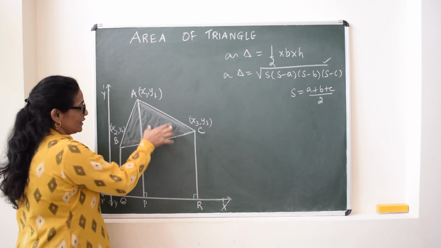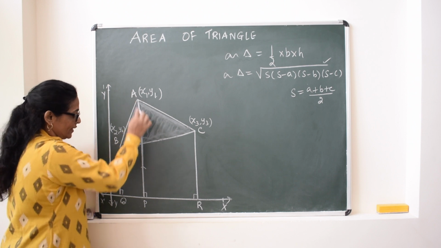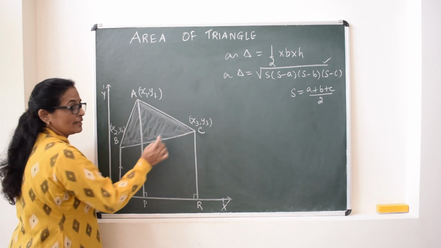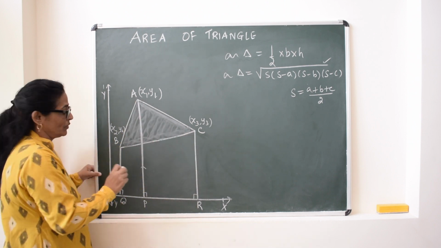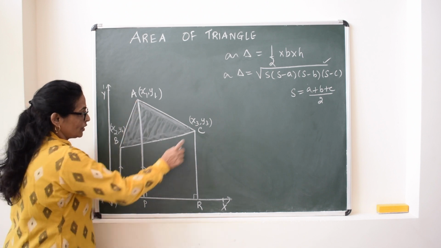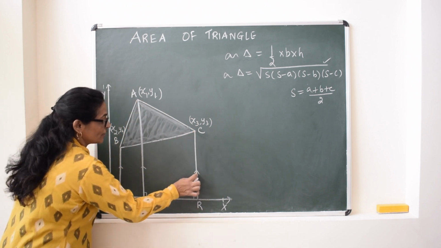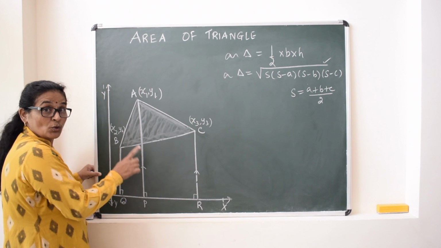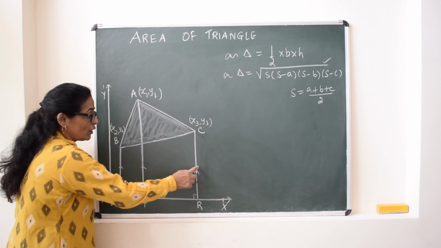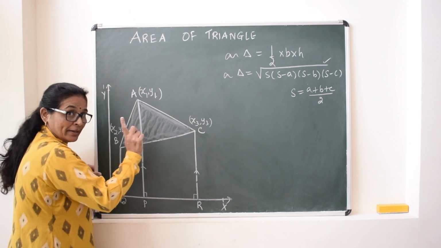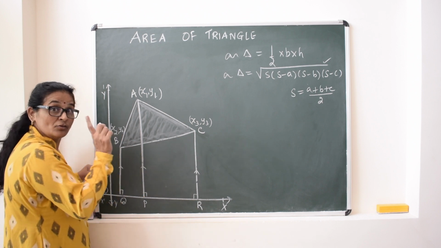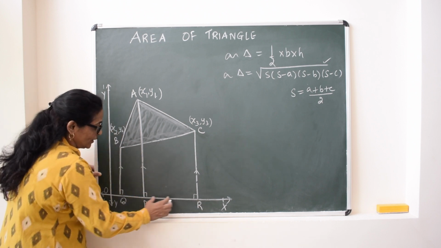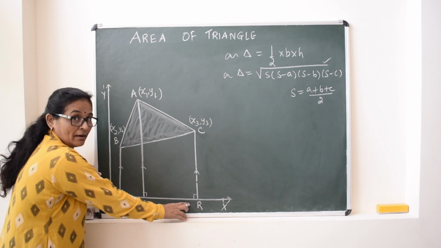Similarly, in this case, just see this figure APRC, that also is a trapezium because AP is perpendicular, CR is perpendicular, so these two lines are also parallel. A quadrilateral whose one pair of opposite sides is parallel, only parallel, that figure will be a trapezium, and the height of the trapezium will be PR.